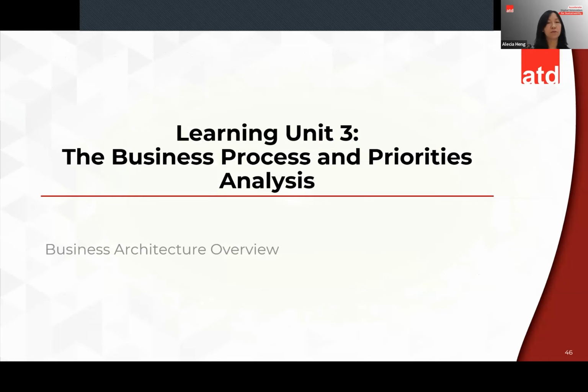we move on to the third area, the business process and priority analysis. Here we look at business processes and also how we prioritize. Many times we have a lot of requests in terms of projects, IT solutions, IT projects, as well as change requests. How do we know which one to pick first?